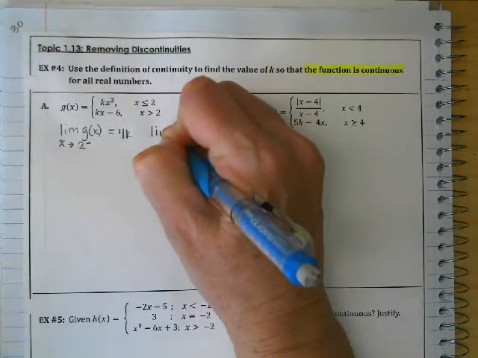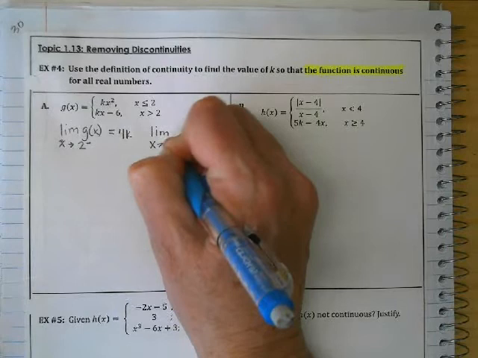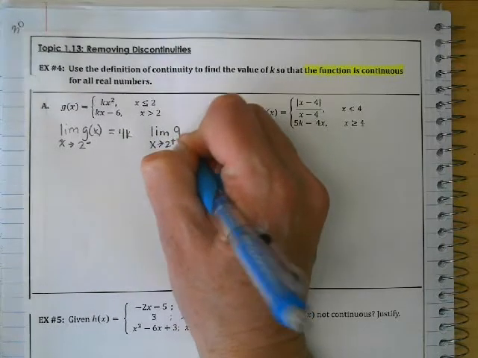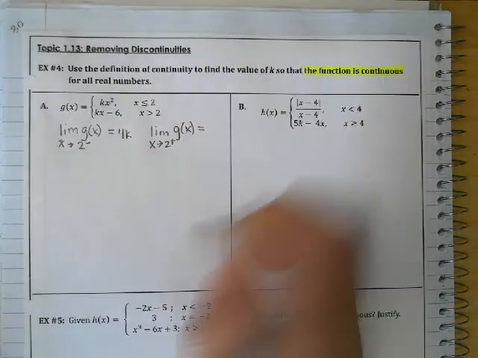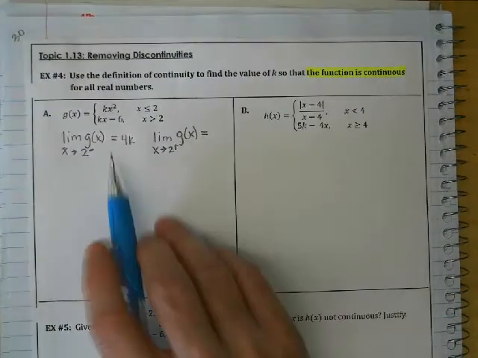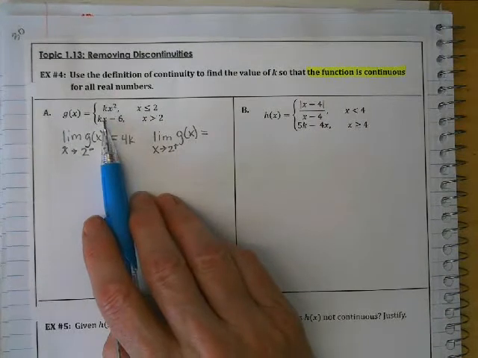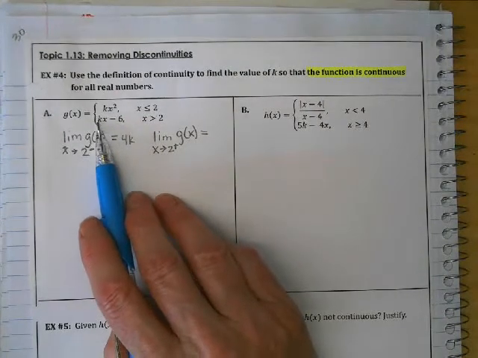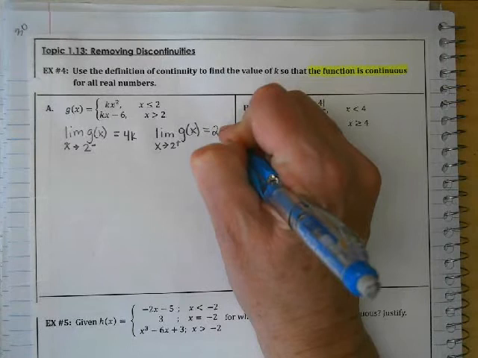Okay, the limit as x approaches 2 from the right of g of x equals. Notice I'm doing direct substitution. That's why I can say equals. So if I plug 2 in here, I have 2k minus 6.